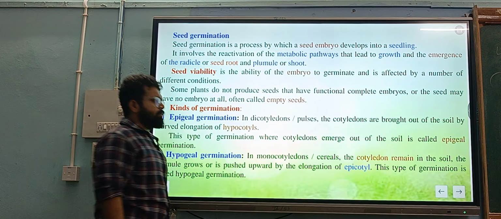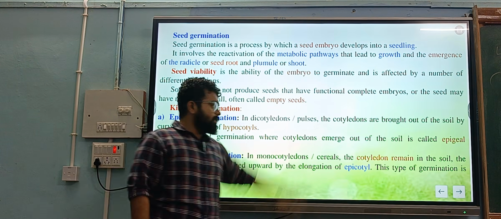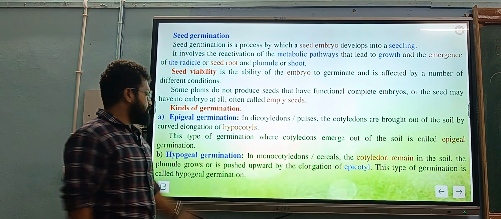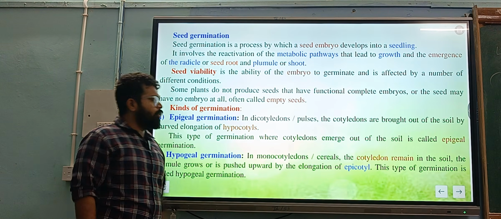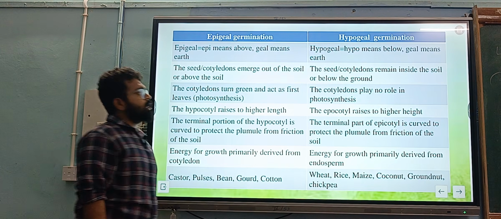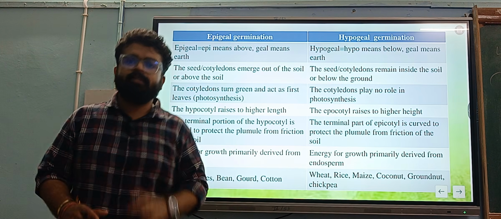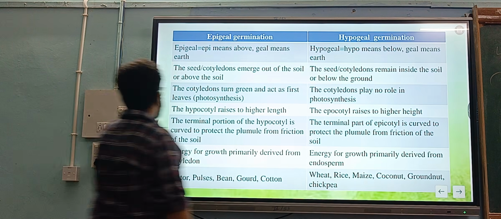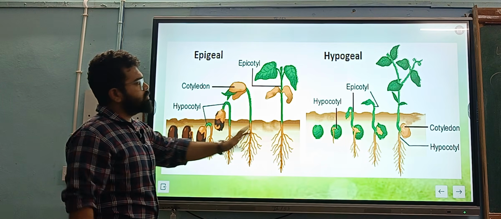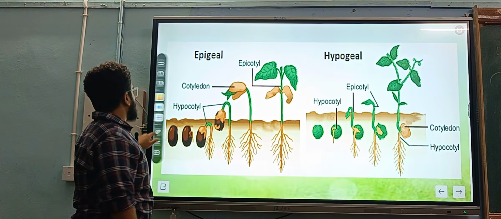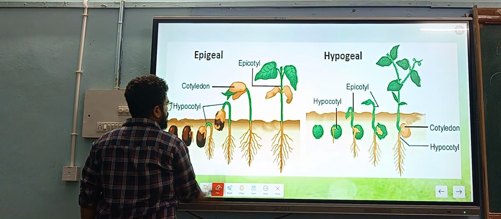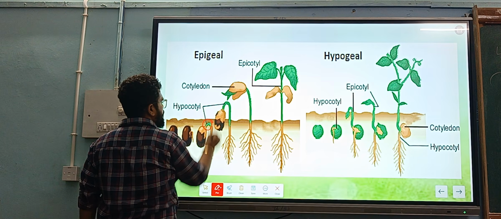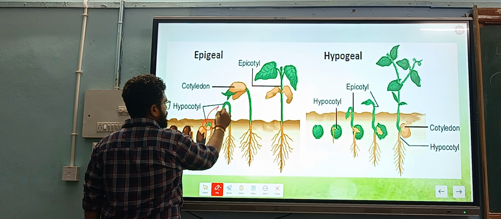Whereas hypogeal germination is mainly seen in cereals, where the cotyledon remains inside the soil and the plumule growth is pushed upward by elongation of the epicotyl. So we understand the difference between epigeal germination and hypogeal germination. If you see here, what is happening here? A seed with its hypocotyl is coming out.